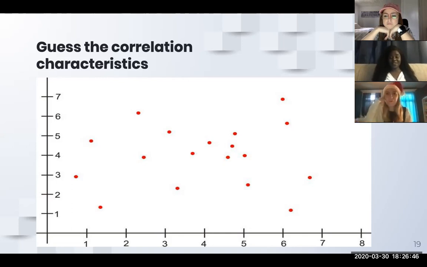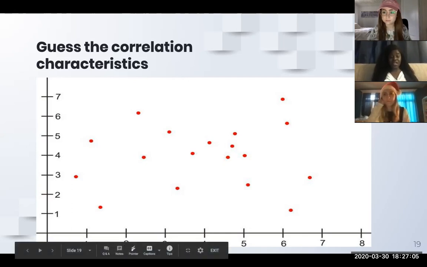It's positive. Marissa, do you have anything to say? Looks pretty random to me. Okay, right. So first, it is not a positive correlation because as one variable increases, we can't really see that the other variable is increasing as well, because the plots, as Marissa says, are random.